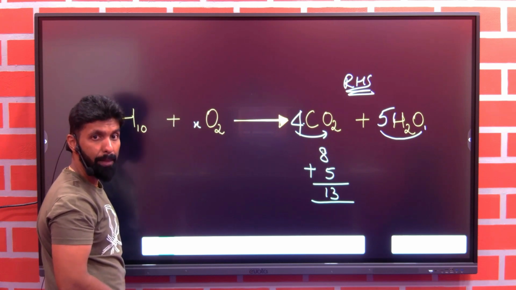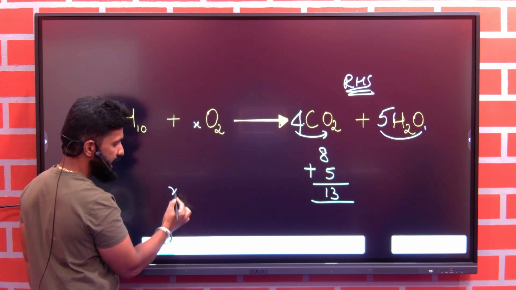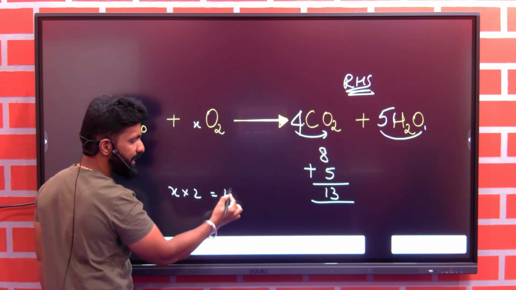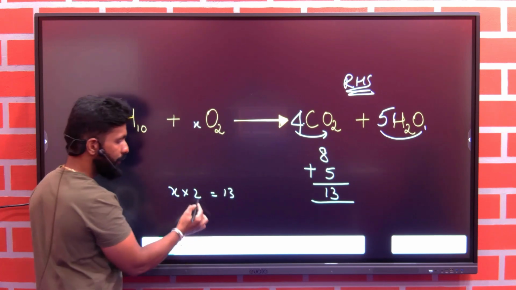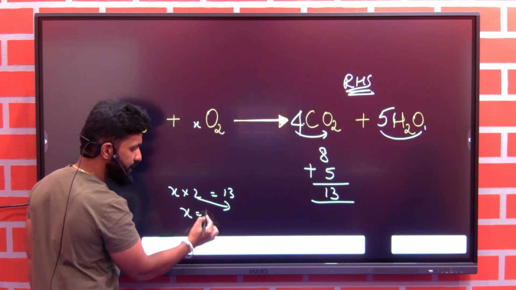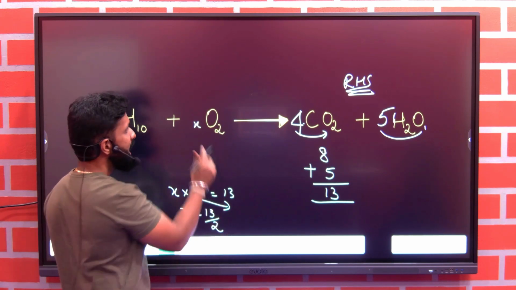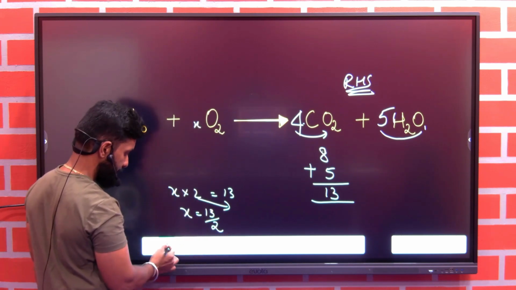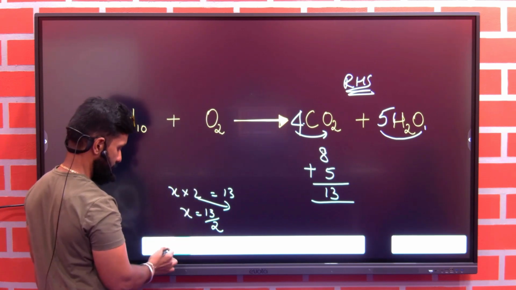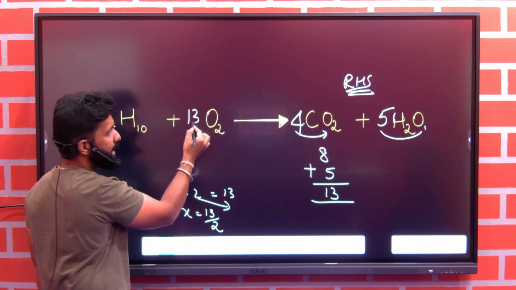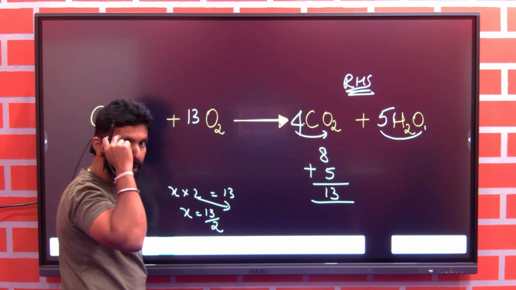So let's say x. X multiplied by 2 should give me 13. So if you push the 2 to the denominator, x is equal to 13 by 2. Yes. So what I do is I write 13 here.